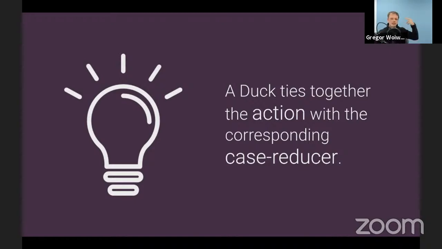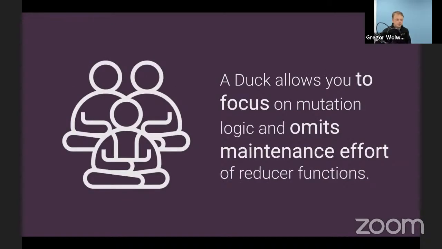So the store facade iterates over each duck, extracts the case reducer function, and builds the whole reducer function automatically. The goal here is that you can really focus on the logic that is needed to do state mutation. And you do not have to do any maintenance in your actions or reducer functions anymore.